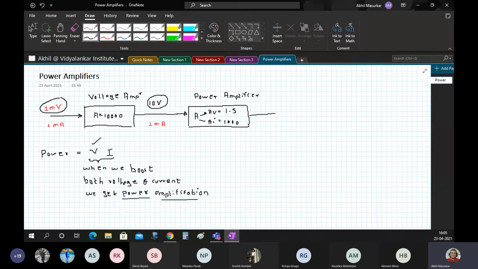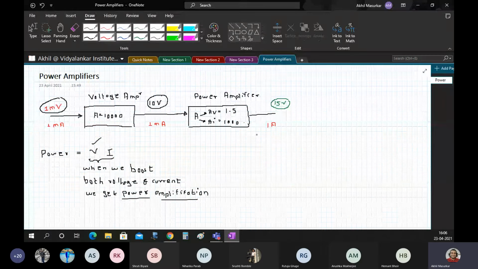What it means is that more preference is given to current as compared to voltage. So at the output of this block, maybe you will get 15 volts, and the current gets amplified 1000 times, that is, becomes 1 amp.